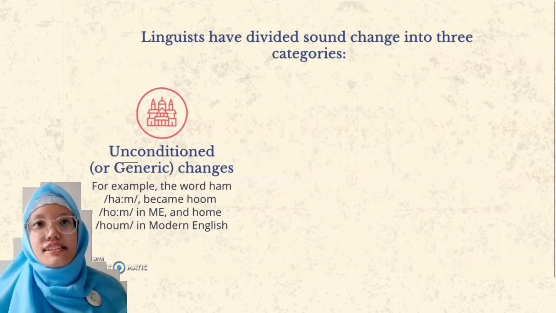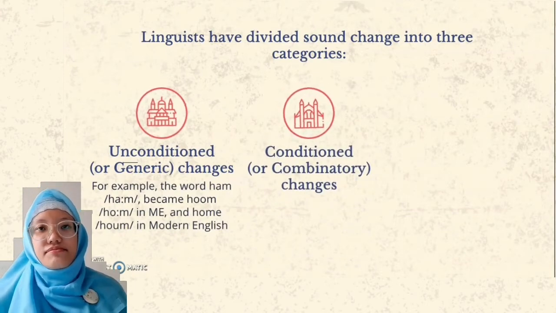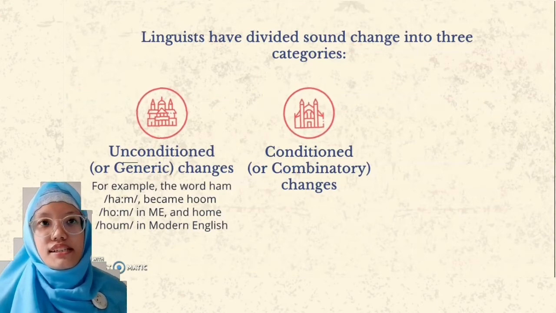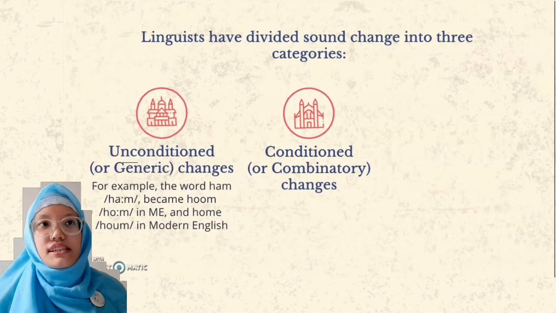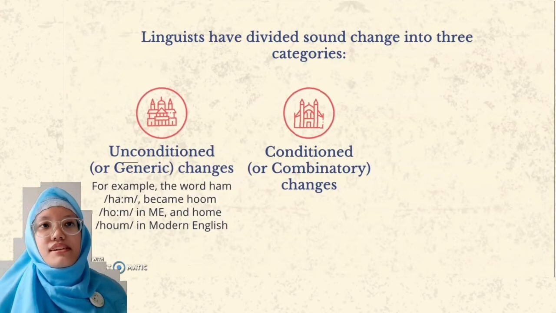The second is conditional or combinatory changes. Conditional or combinatory changes are changes which occur only under a fixed set of conditions. Allophones of a phoneme, says Lehmann, are generally restricted to certain environments. Here they are conditioned by their surroundings.